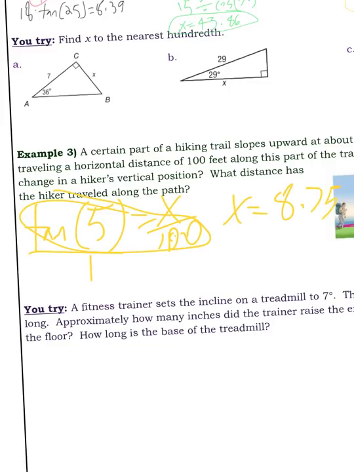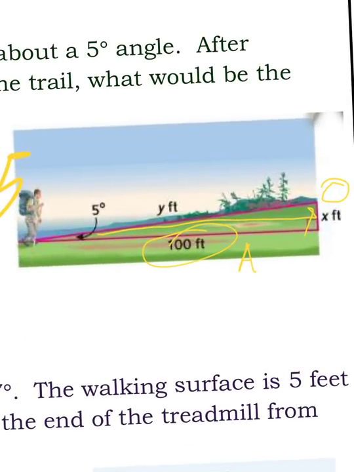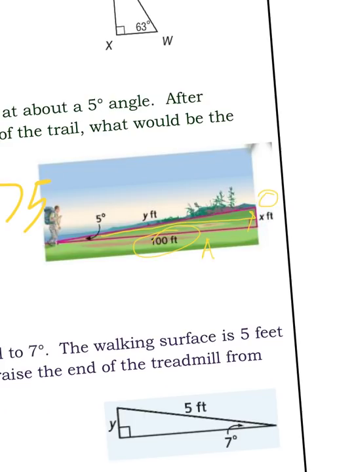Now, I can use trig or Pythagorean theorem to figure out the y. I'm just going to keep using trig. It's actually quicker. So looking at the 5, I'm still looking from the 5. The y uses my h and my o now. No. Don't use that one.